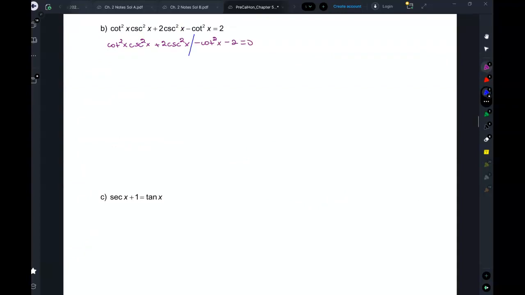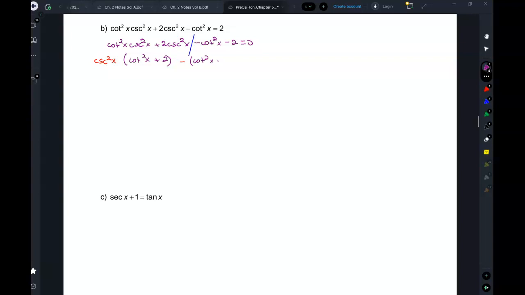Okay. From the first part, what can I factor out? Cosecant squared x, and I get cotangent squared x plus 2. Minus, what do I factor out here? Nothing, just a minus. So I get cotangent squared x plus 2. They're the same.